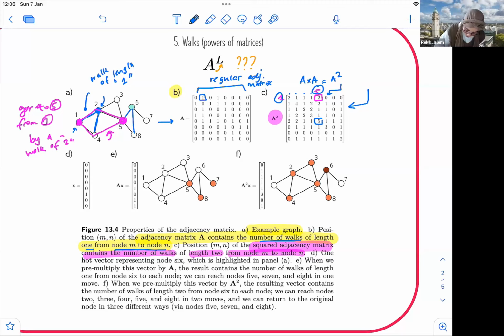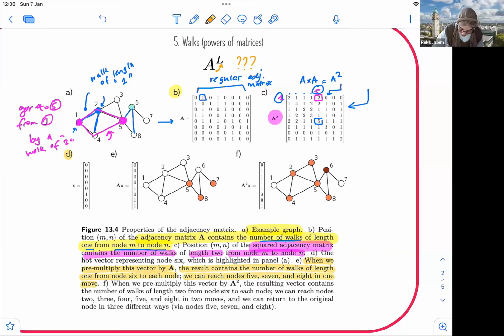So now let's move to D. In D, when we pre-multiply this vector by A, the result contains the number of walks of length 1 from node 6 to each node. We can reach nodes 5, 7, and 8 in one move.